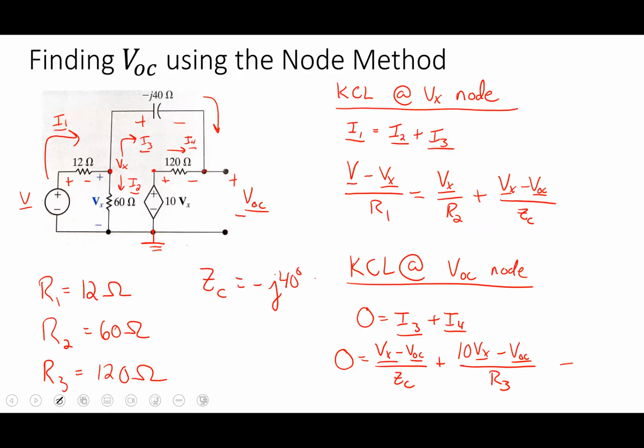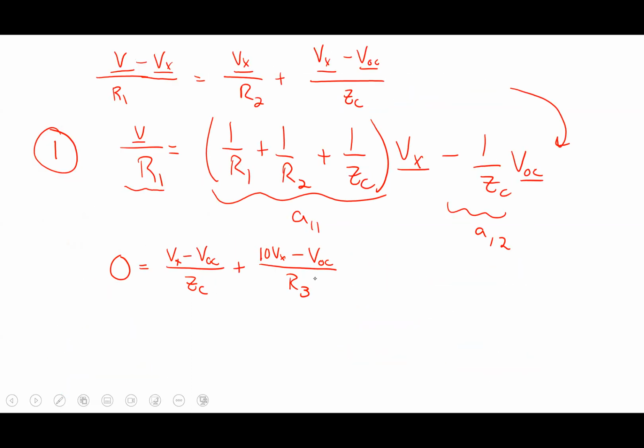Okay. That's the equation. Again, I don't need to do a whole lot of rearranging. What I'm going to do is get all the Vx terms together and all the VOC terms together. Help me out with that. How do I group all the Vx terms together?